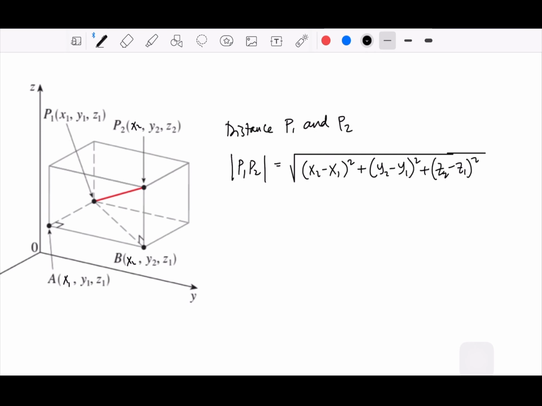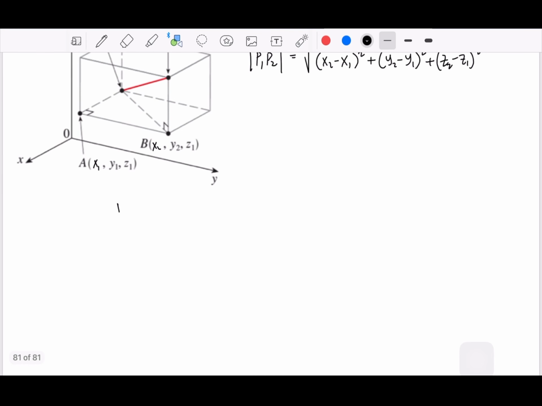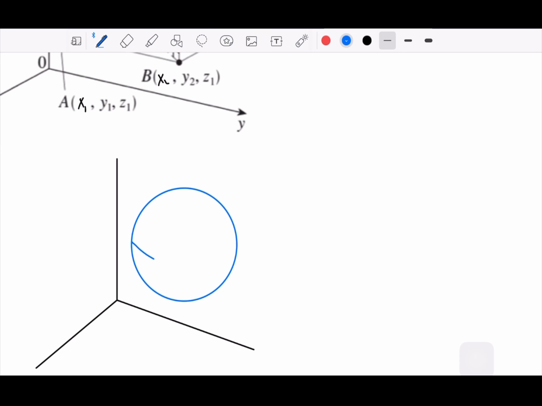Okay, similarly, if we approach using a sphere, let's say we have a point here.